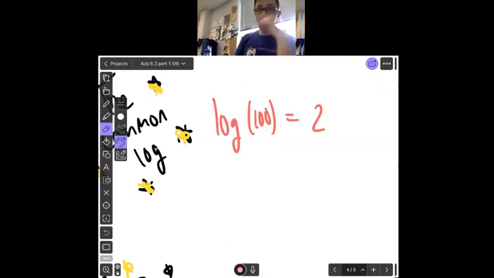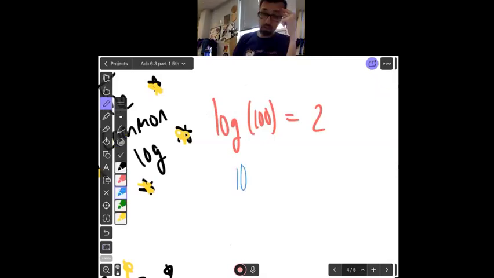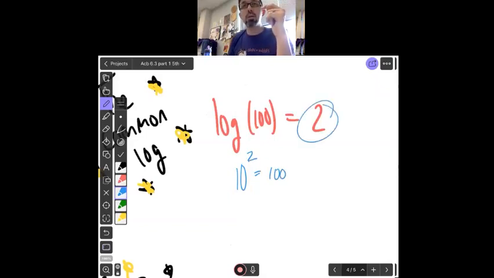You need to know that when it says log, that means log base 10. So when I read it, I say log of 100, but what does that mean? That means 10 to the what is 100. Oh yeah, 10 squared is 100. That's why it's 2. But I'm covering that up and asking myself a question: 10 to the what is 100? Oh, 10 to the 2 is 100. Oh yeah, that makes sense.